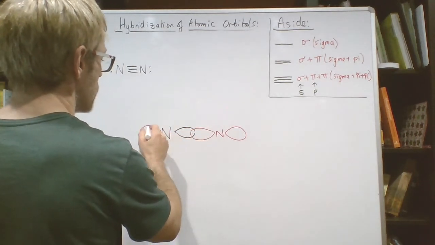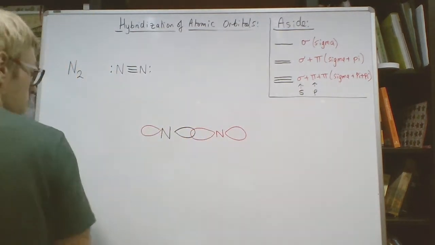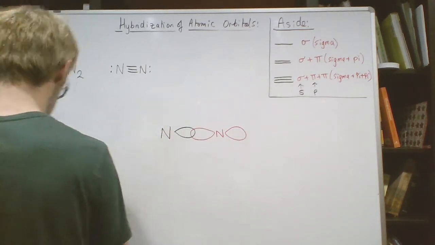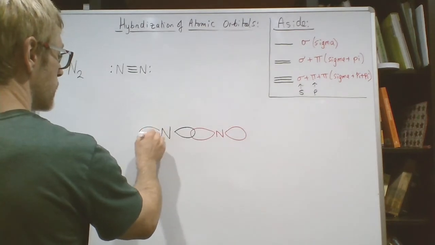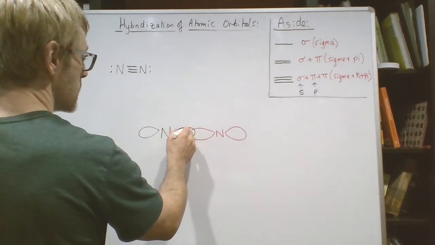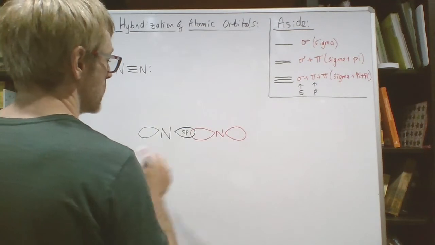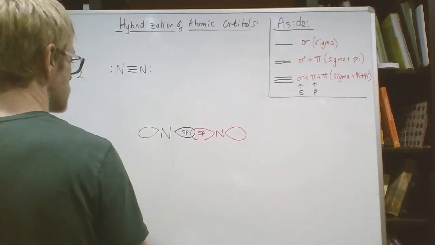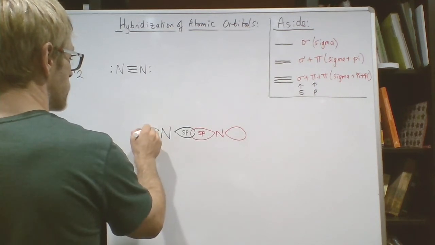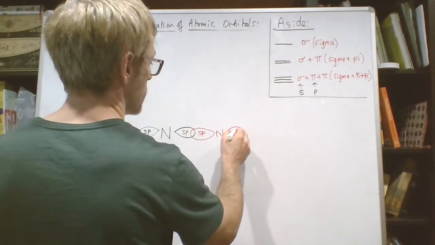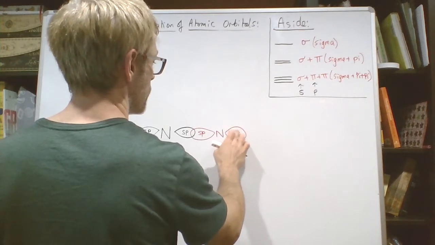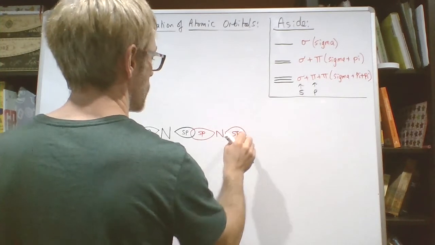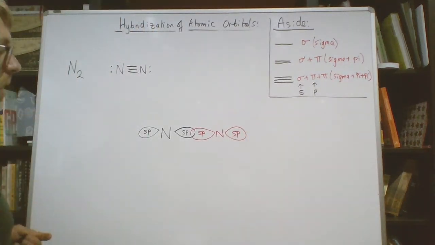So here's our sp. Here's our sp. This is also sp. Each nitrogen has 2 sp hybrids.